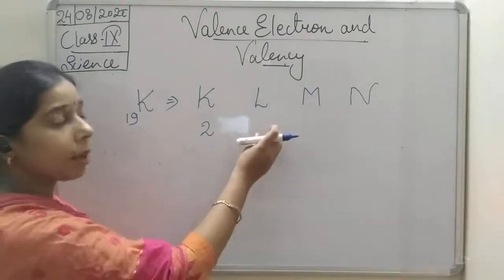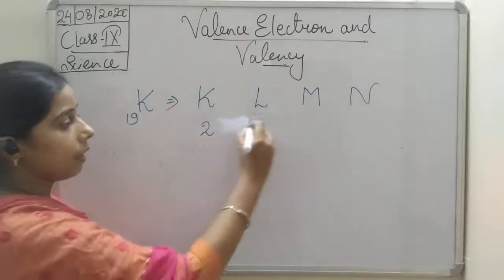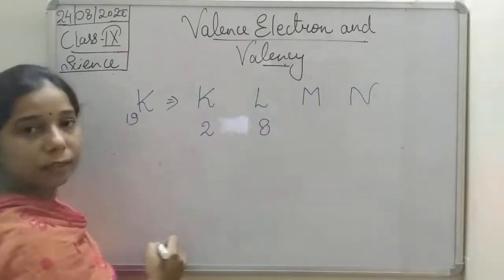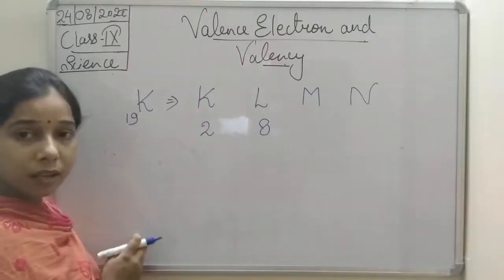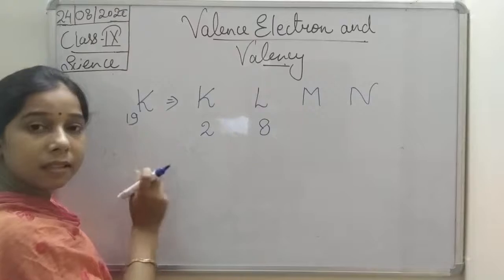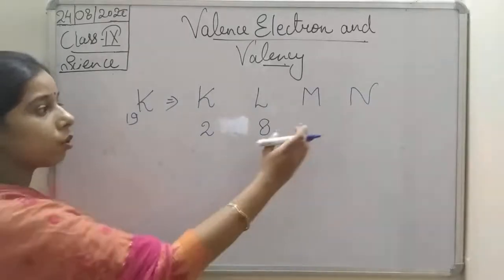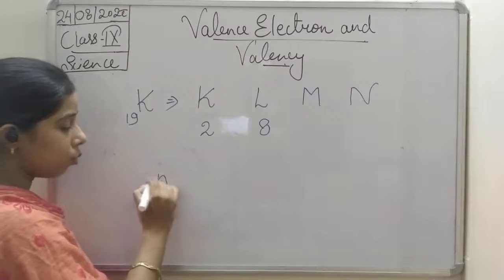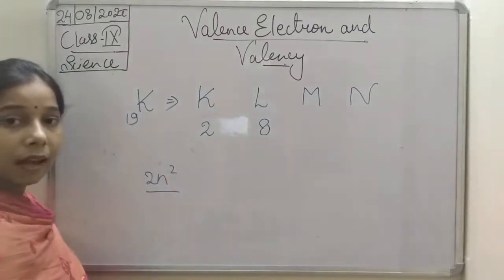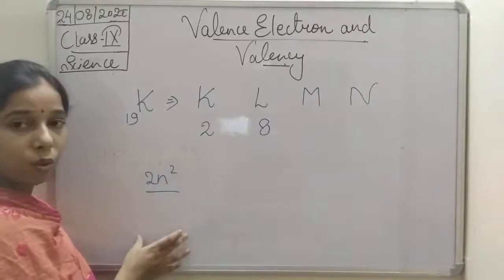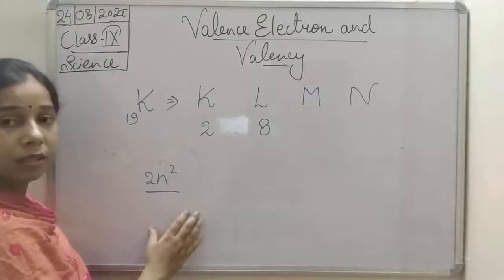Then if we talk about the L shell, students, it can accommodate only 8 electrons. Now 2 plus 8 equals 10, and 19 minus 10 equals 9. According to the formula 2n square, which was given by Bohr and Bury, the maximum electrons accommodated by an energy shell is equal to this.